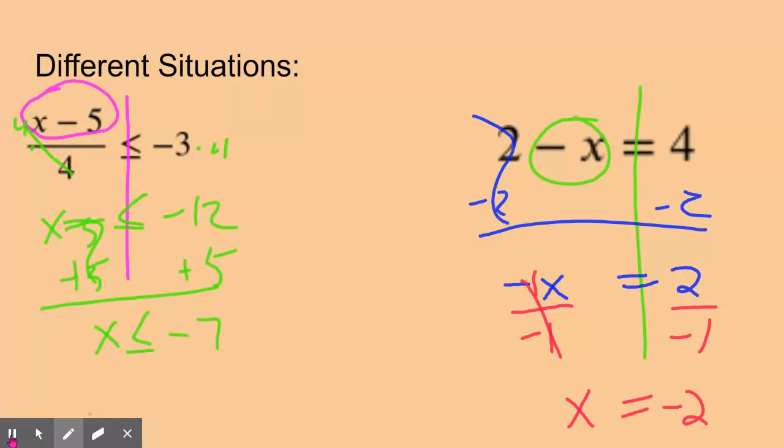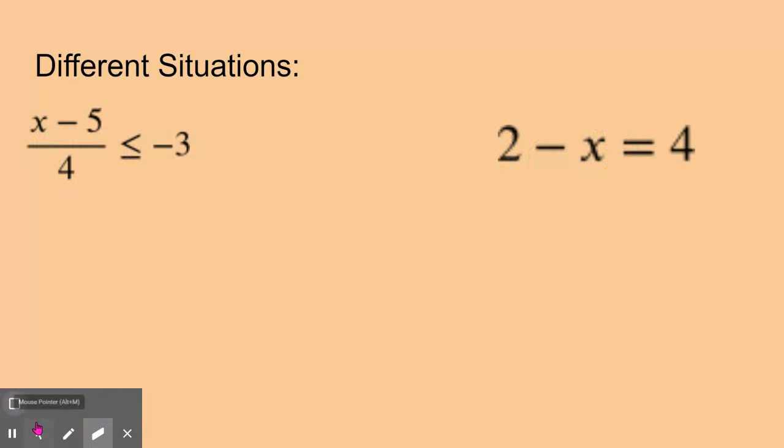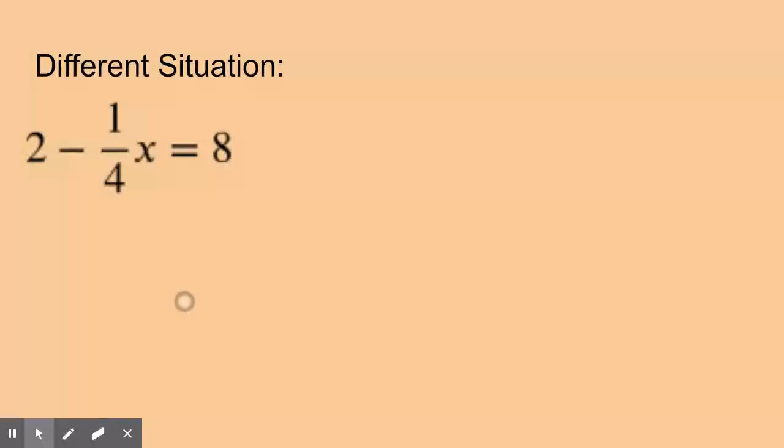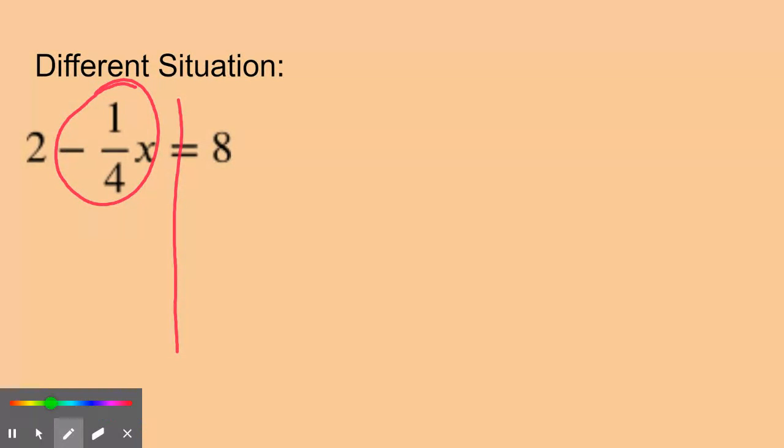All right, in our last situation, it looks maybe something like this, where we have a fraction attached to the variable. So I'm going to go through, draw my line, and circle what is attached. Proceed like normal. I see the 2 by itself, so the opposite is for me to subtract.